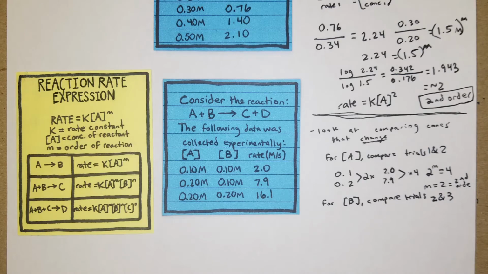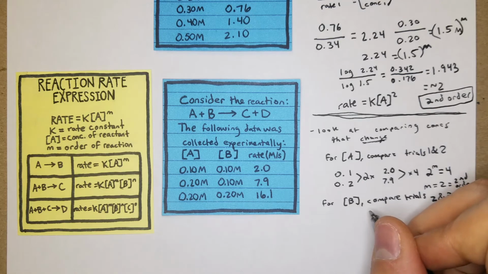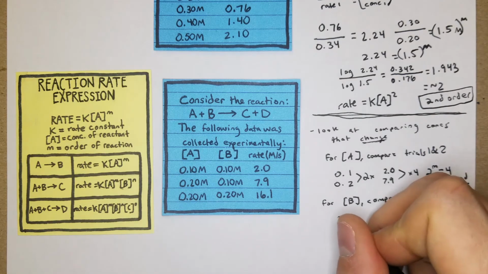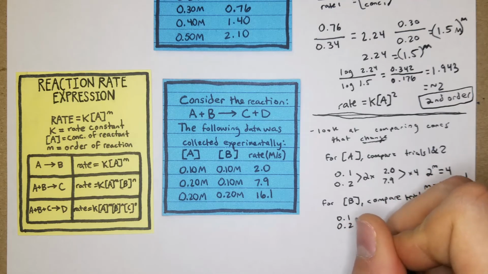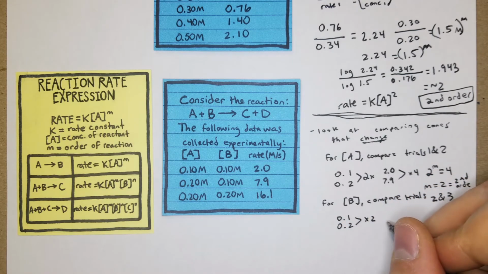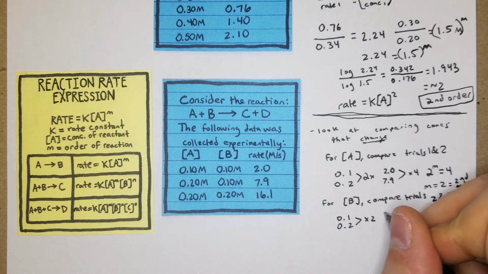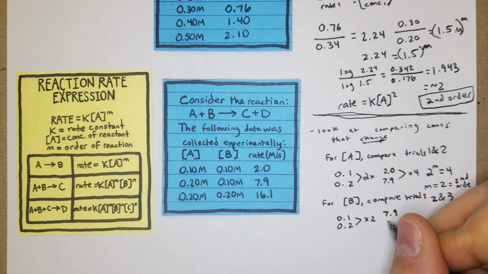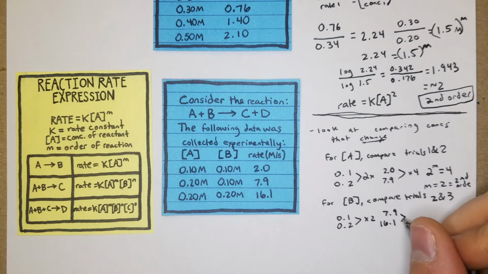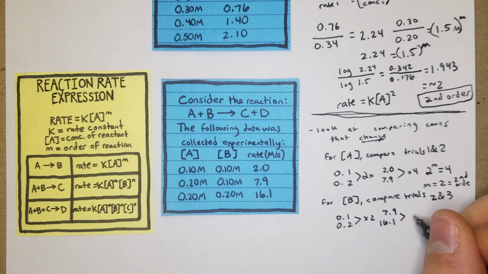We have 0.1 to 0.2. Again, that's times 2. And then we have 7.9 to 16.1, which again, if we do a little bit of rounding, is about times 2.